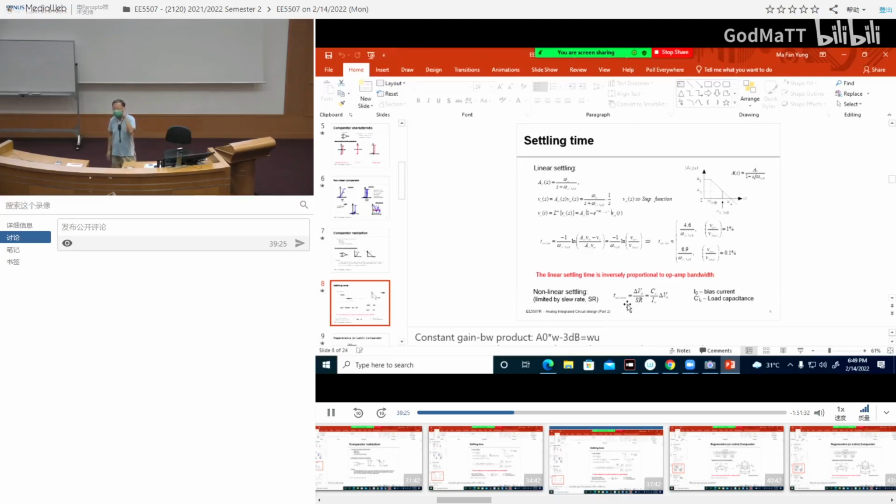If the slew rate is less than the maximum slope, I'm not going to get a pure exponential settling, because my circuit cannot support this. My circuit can only go as fast as my slew rate, until the slew rate exceeds the slope of the exponential settling. Then it will catch up.